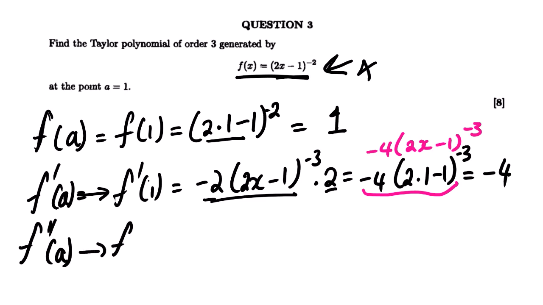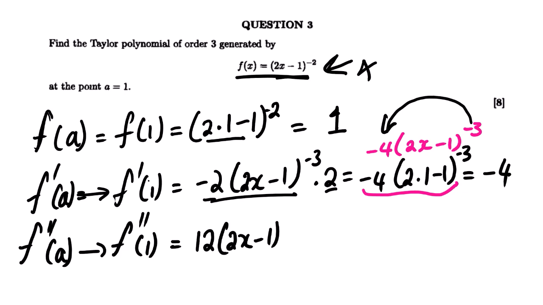So we are going to have negative 3 multiplied by negative 4, it's positive 12, and then 2x minus 1, the derivative of what is inside, it will be 2, raised to the power negative 4. 2 multiplied by 12, we have 24, and then 2 multiplied by 1 minus 1 all raised to the power negative 4.